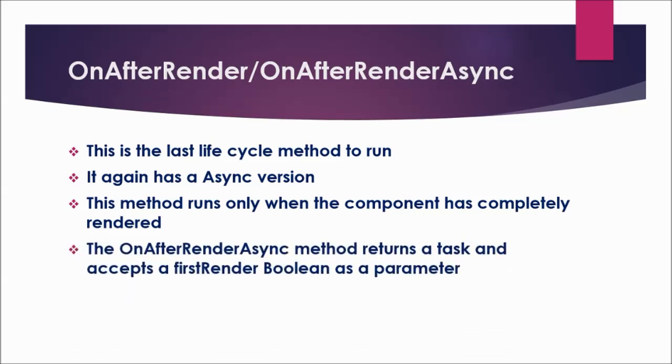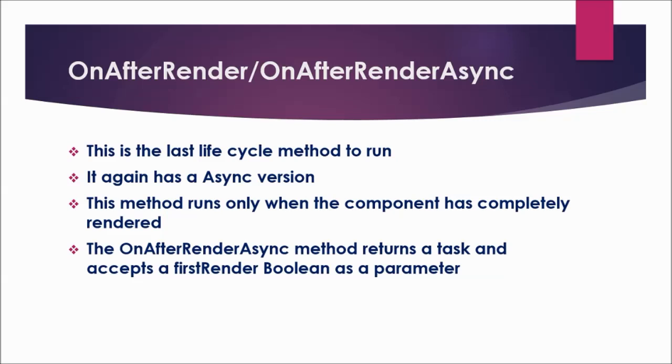The OnAfterRenderAsync method returns a task and accepts a firstRender boolean as a parameter. There might be instances where you want to perform logic only for, say, the first render of a component.